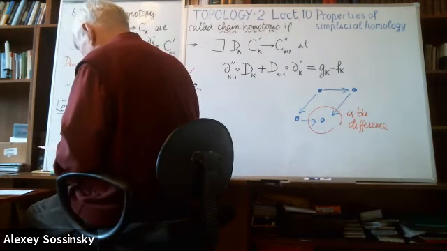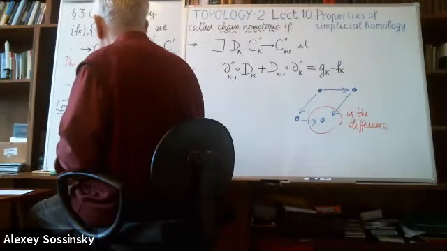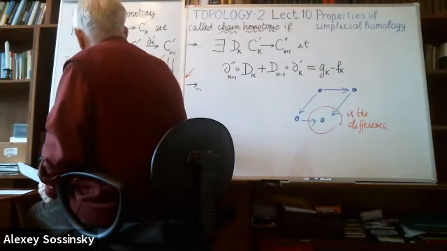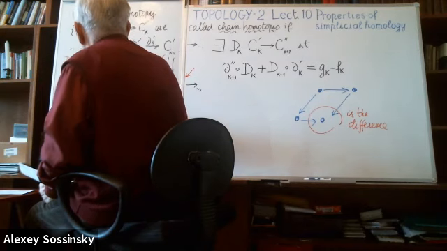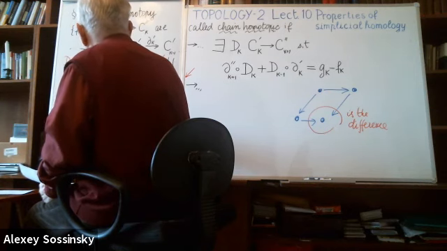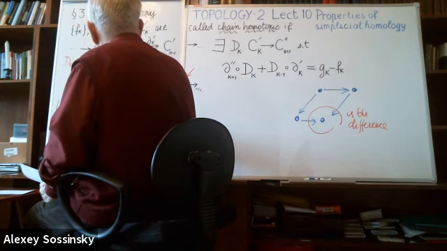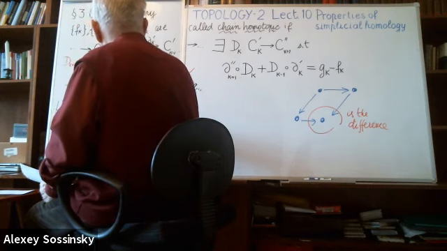It says that, suppose that f_k and g_k are chain homotopic.